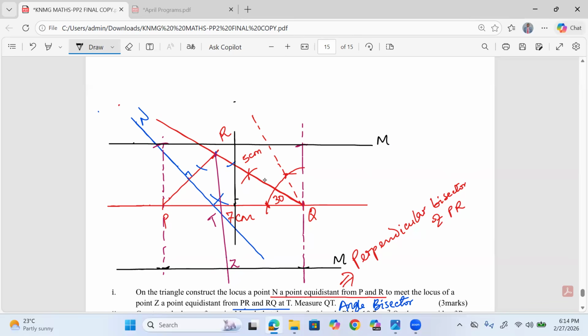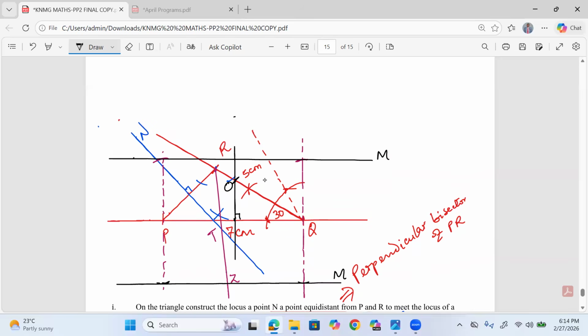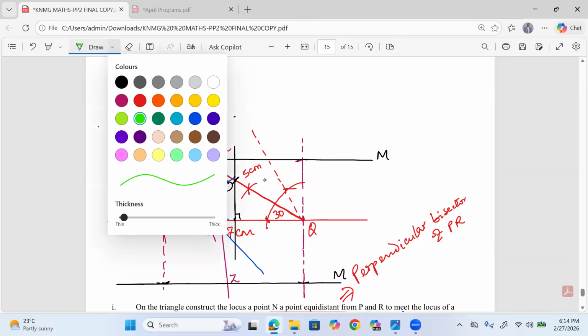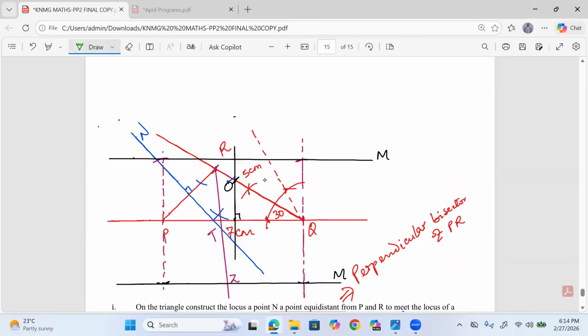So after the bisector has passed the center, it means the center can now be identified as center O. So the circle can now be drawn.